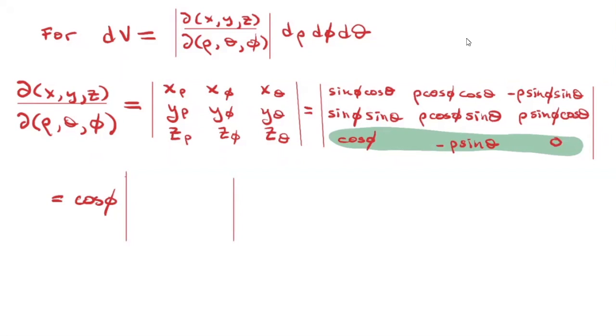Okay, and then there'll be a negative on the negative rho sine phi, so it'll be minus negative rho sine phi, like that, and then a 2x2 determinant. Okay. And then a horrible, horrible case is plus a 0.